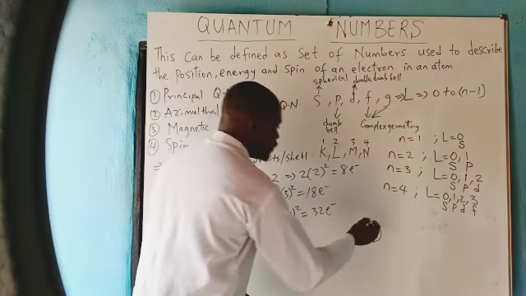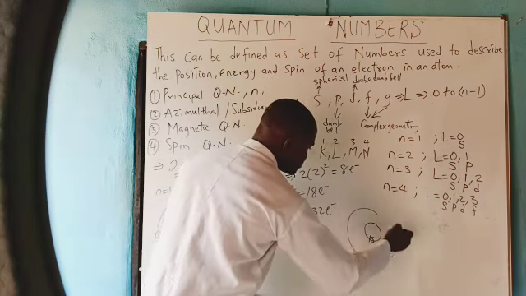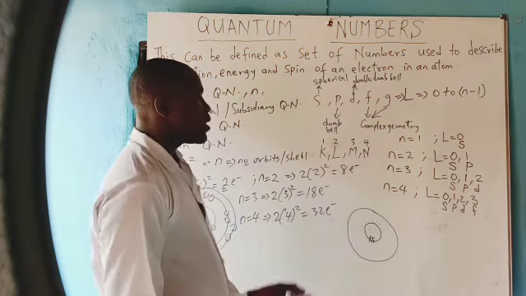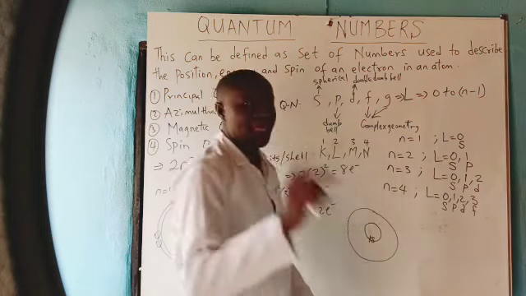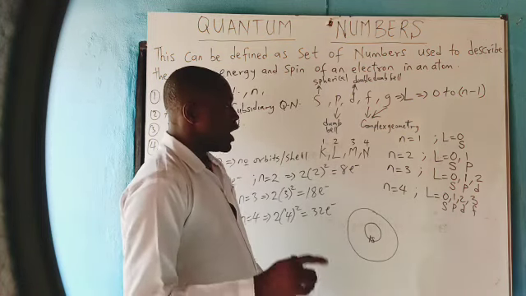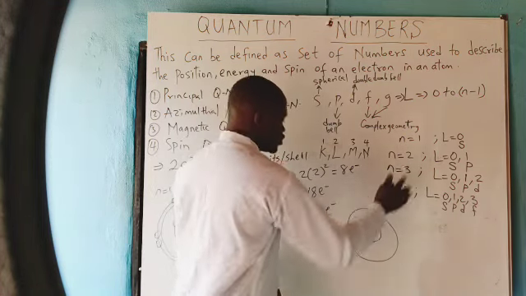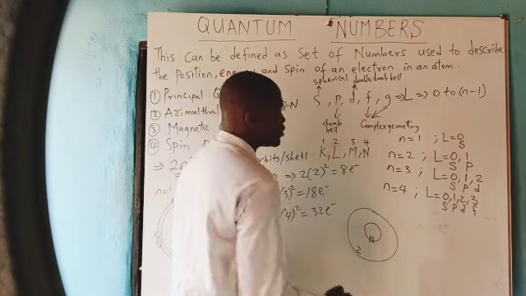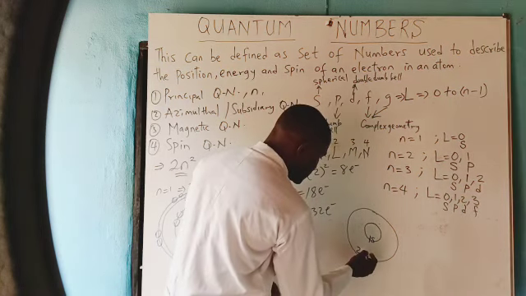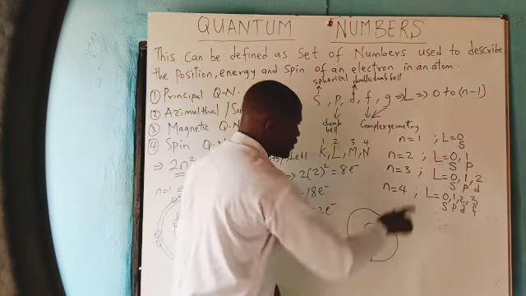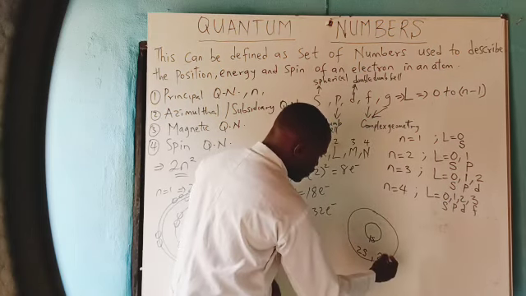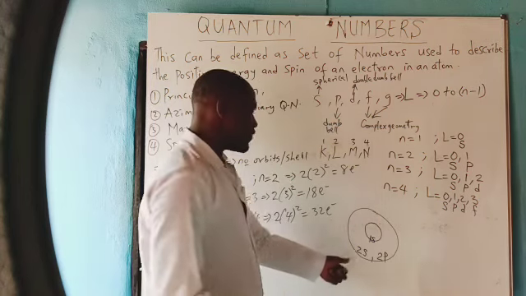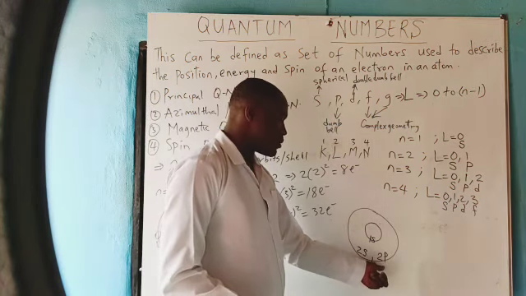Then for the second shell, we also said that it has 2 orbitals. What do we mean? n is 2. I will write 2: the first is s, and the second orbital is p.